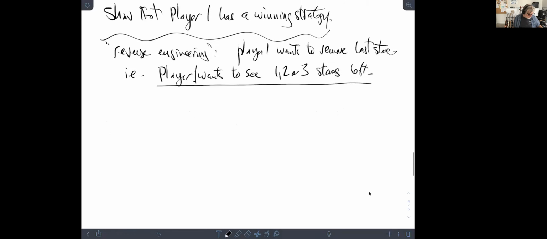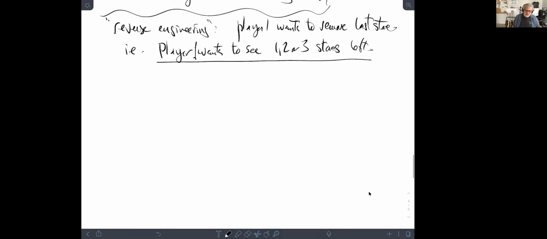Okay? So how can player one make sure that there are 1, 2, or 3 stones left? Now, if you think just a little bit about it, on the previous move, player two had to remove 1, 2, or 3 stones and leave 1, 2, or 3 stones. Here's the key point, the key trick. If player two had 4 stones on the board, player one is good.